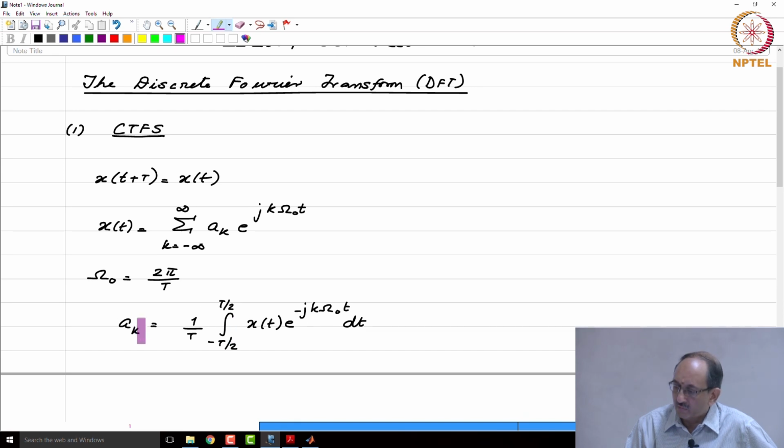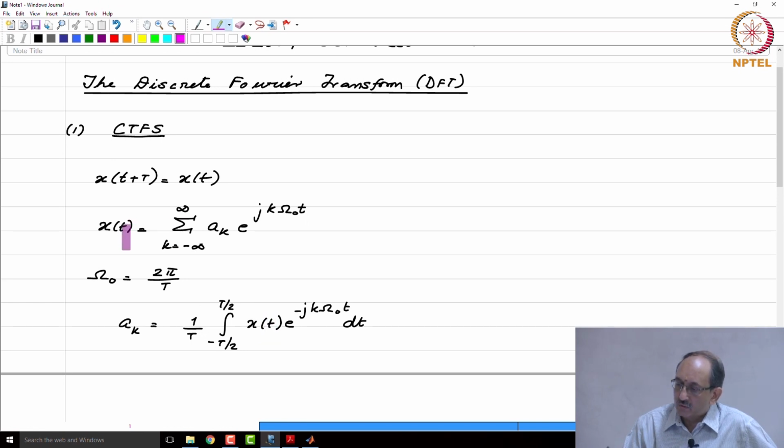Therefore, all you are doing when getting the Fourier series coefficients is taking the signal and projecting it onto the space of e to the j k omega naught t, as simple as that, and that projection happens to be this integral. That projection, which was component-wise multiplication for the n-dimensional case, turns out to be this here.